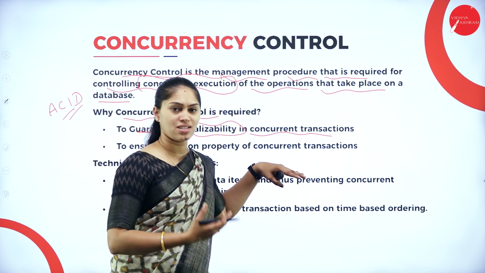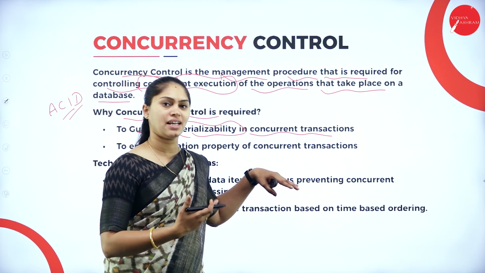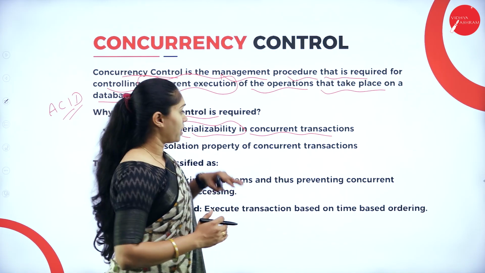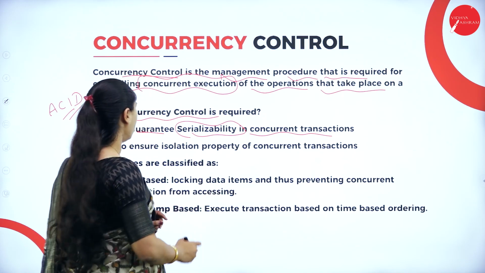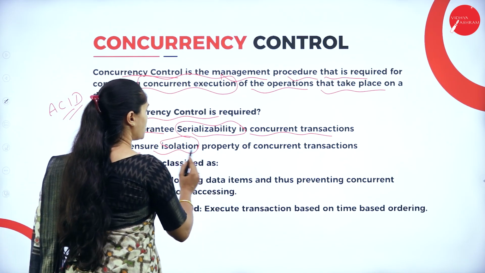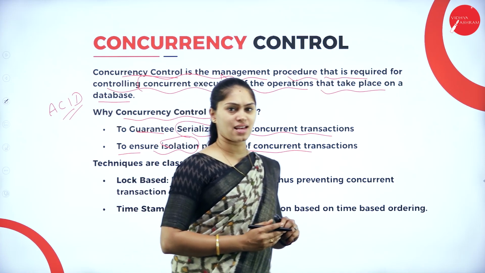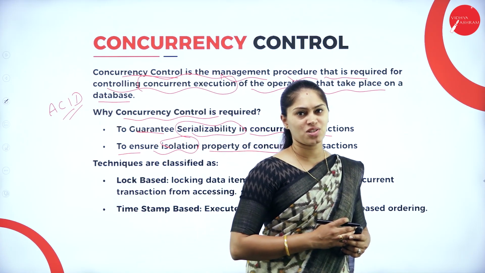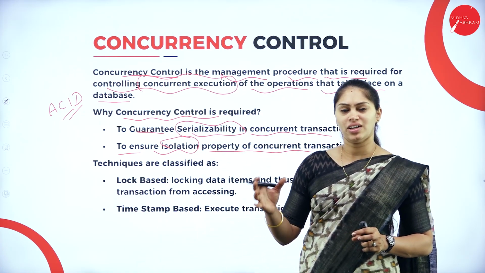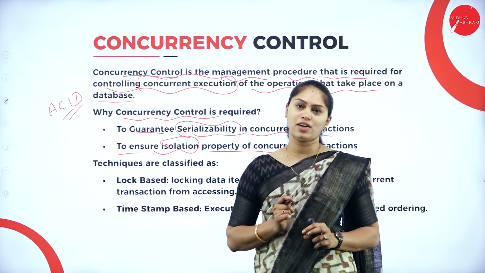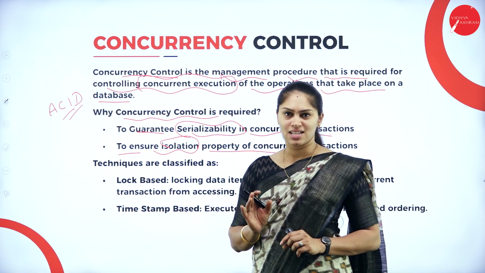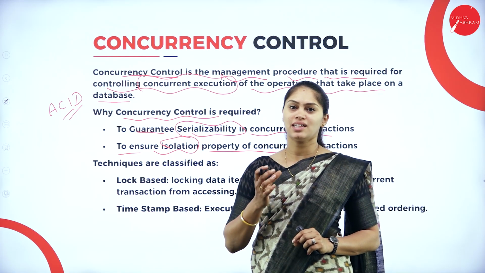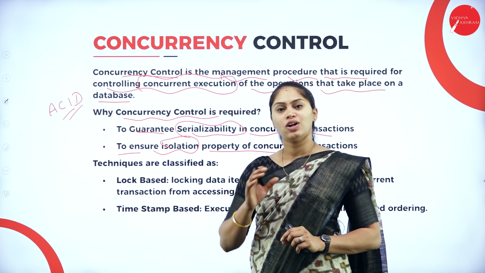In order to ensure that serializability is there in concurrent execution or not, we require control over that concurrent execution. And also mainly to ensure the isolation property of concurrent transactions. If you are doing some changes to the data of transaction 1, it should not affect the data of transaction 2, or should not get affected by any other transaction. Then only we can say that the isolation property is satisfied.